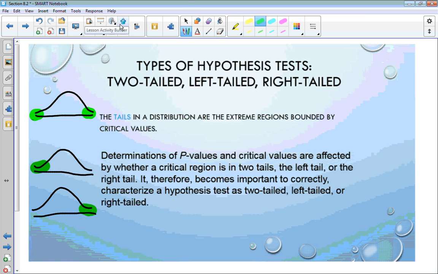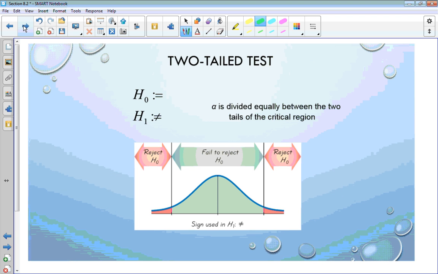So determinations of the p-value and critical values are affected by whether the critical value is in two tails, the left tail or the right tail. That becomes important to correctly characterize a hypothesis test, whether it's two-tailed, left-tailed, or right-tailed. Here's a two-tailed test. When you have that, you have area on both sides where we will reject the null hypothesis.